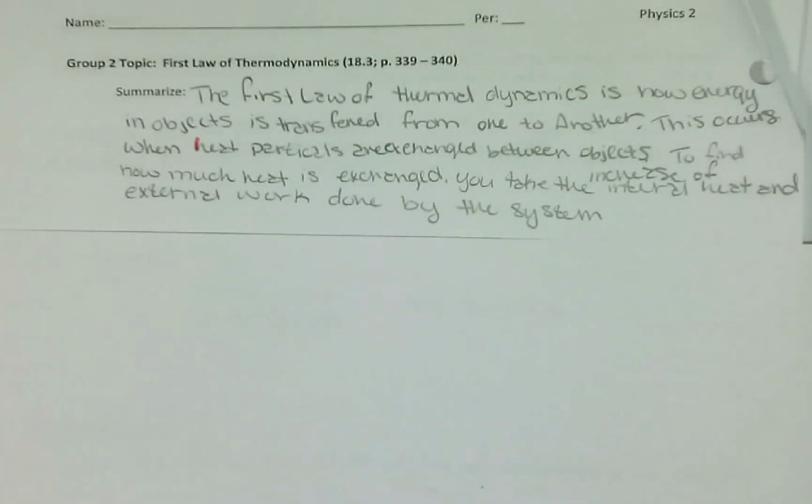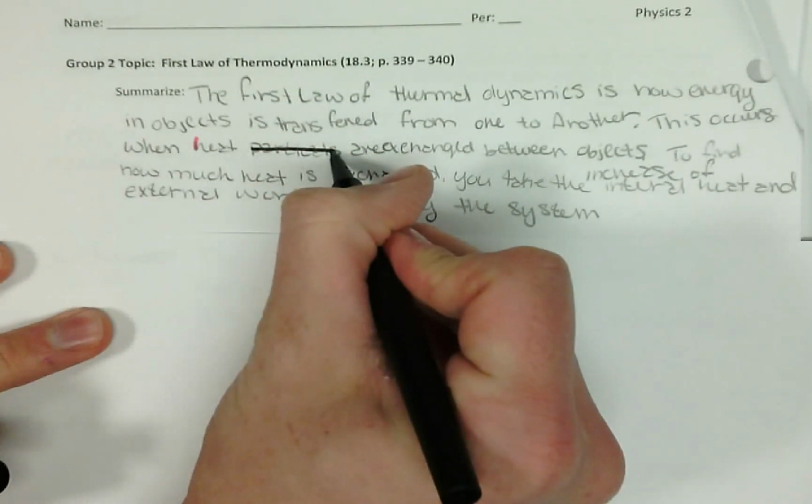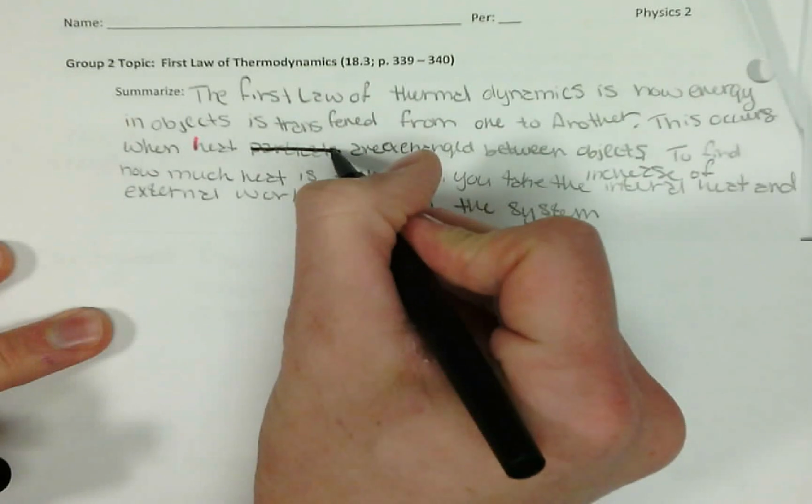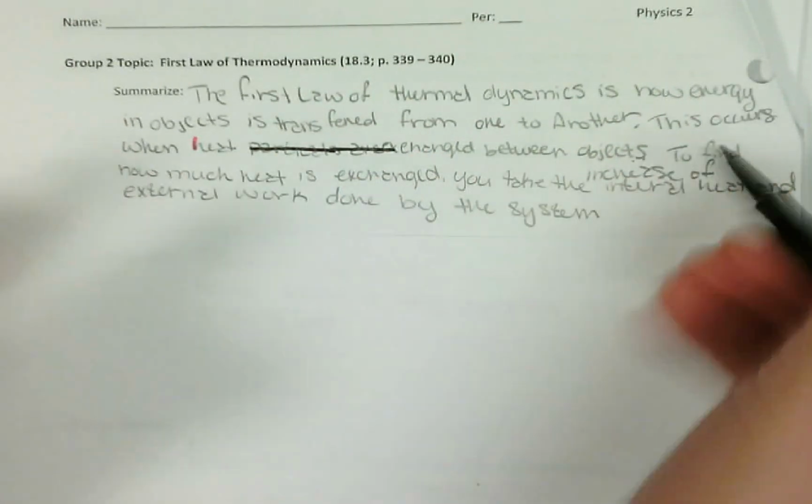To find how much heat is exchanged, you take the increase of heat and external work done by the system. Good. I'm going to do one change. Don't say particles. Just say heat exchange between objects.